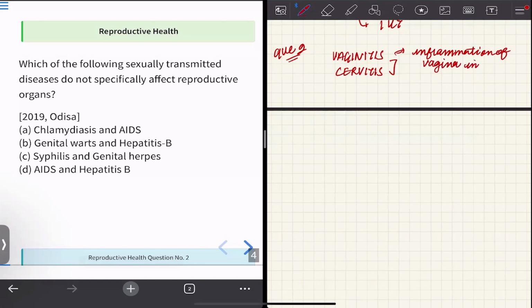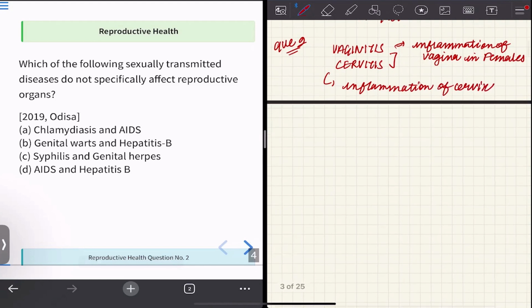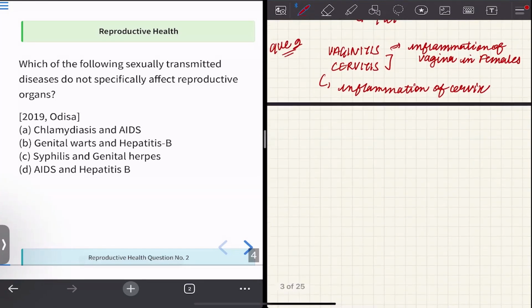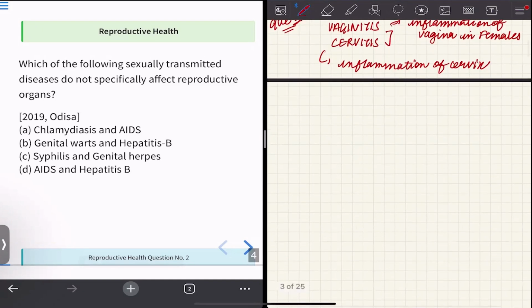The inflammation of vagina in females is known as vaginitis, and inflammation of cervix is known as cervicitis.